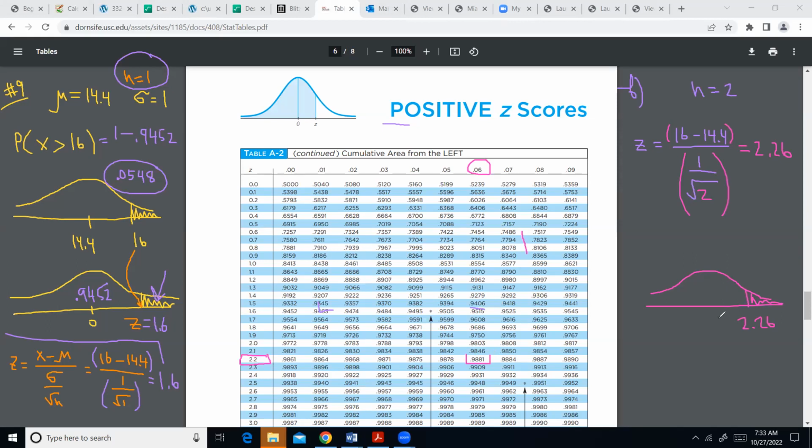So I got 0.9881. Then on the other side, the side I need will be a complement, 1 minus 0.9881. And this is actually a much smaller number, right? It's 0.0119. So it is about 1%.